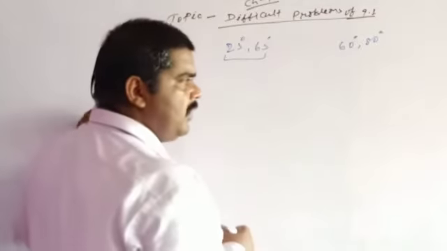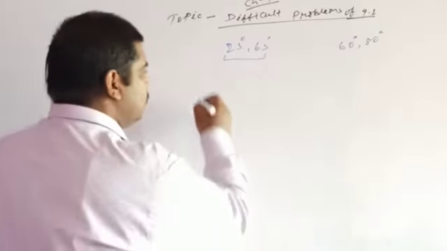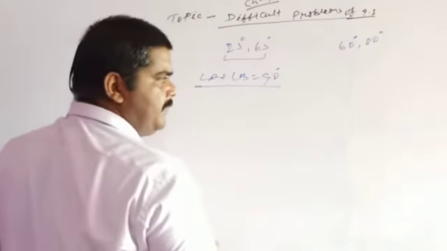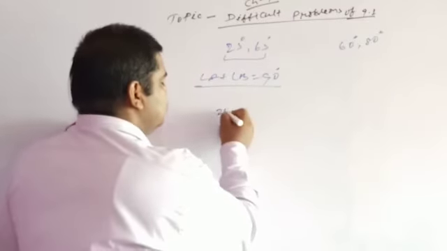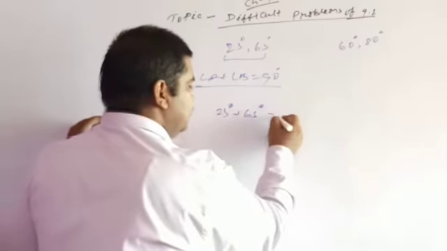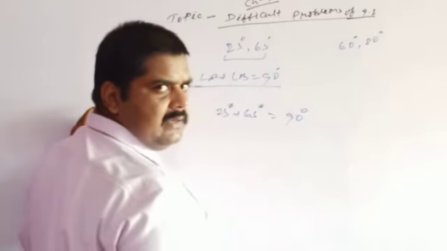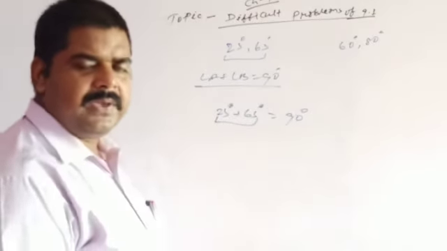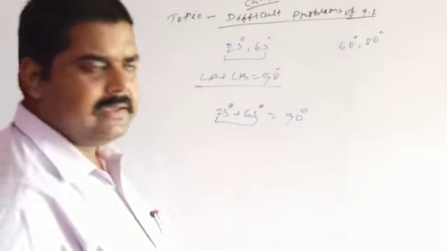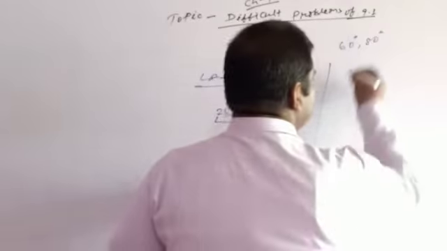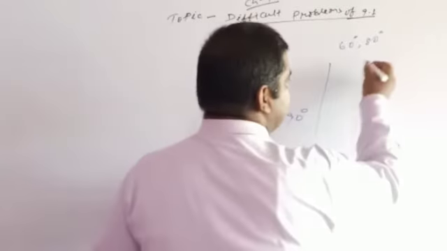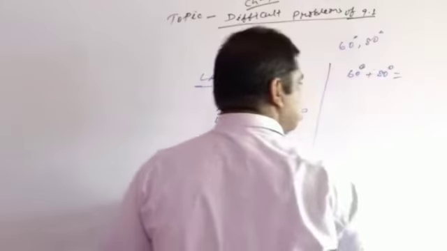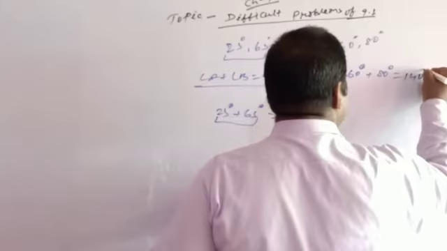If the sum of two angles is equal to 90 degrees, they are complementary angles. 25 degrees plus 65 degrees is equal to 90 degrees, so this pair is complementary. For the next pair, 60 degrees plus 80 degrees is 140 degrees.